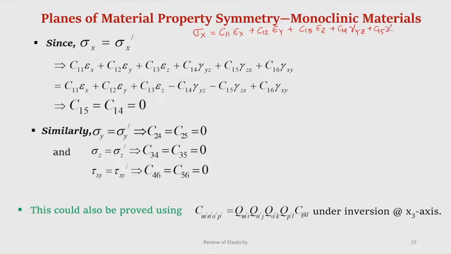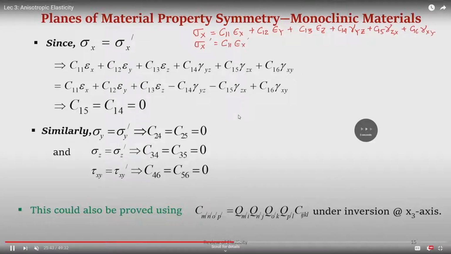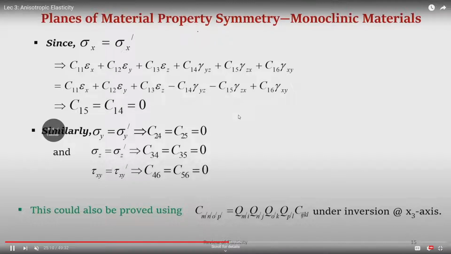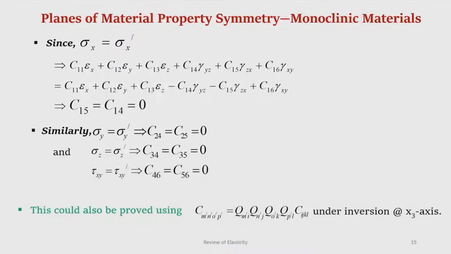Can I go to the slide before? If you see how we have defined this monoclinic, that means there is one plane of material property symmetry. Now please recall what exactly is material property symmetry.